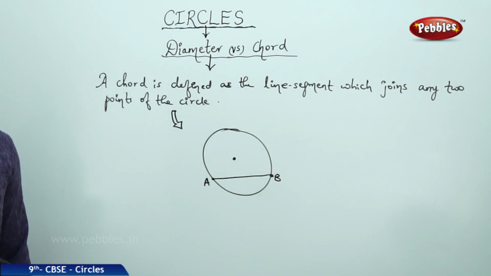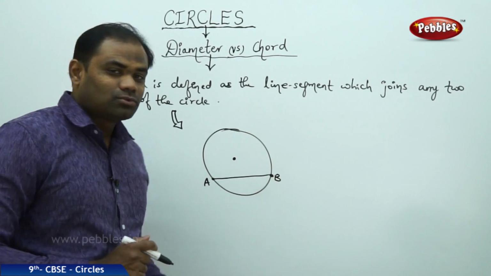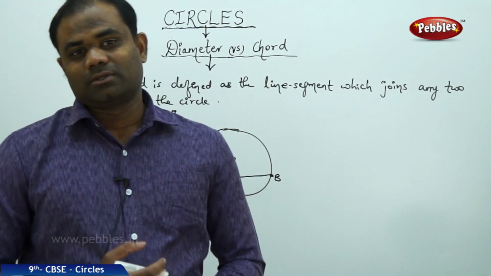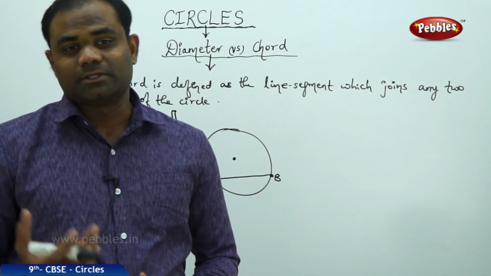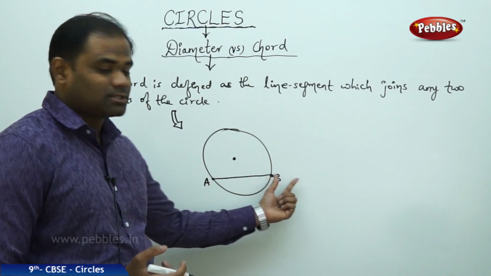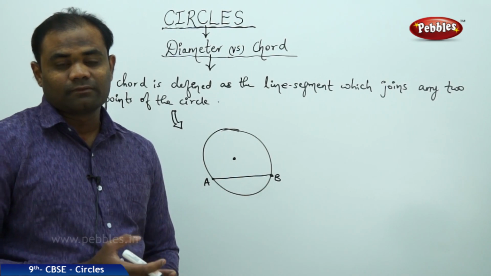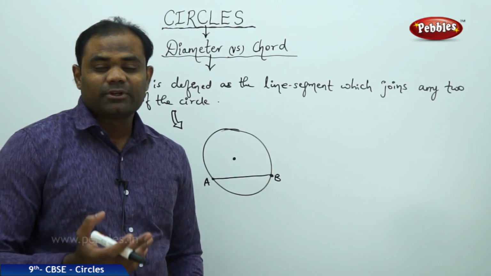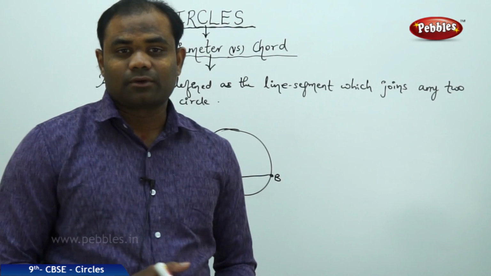Is how we understand. The line joining any 2 points of the circle is a chord. Then what is a diameter and how is it connected to the chord is clearly understood through this definition, because when we say diameter, diameter is a line which passes through the center of the circle.